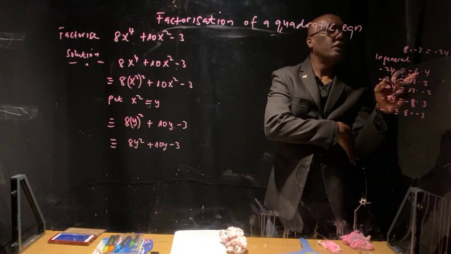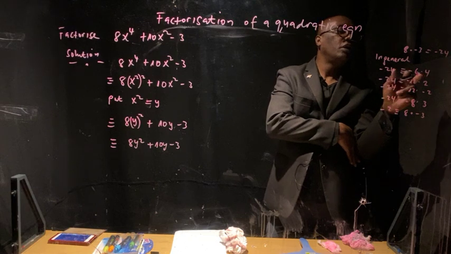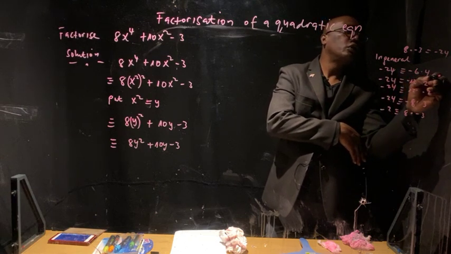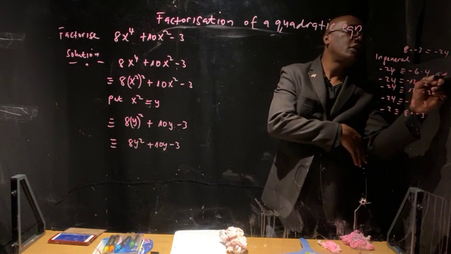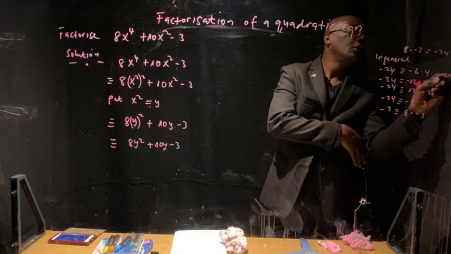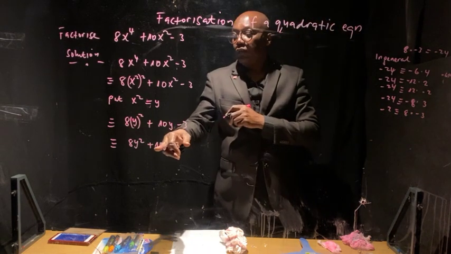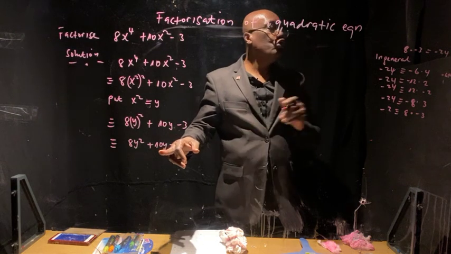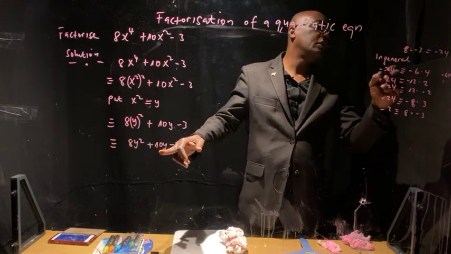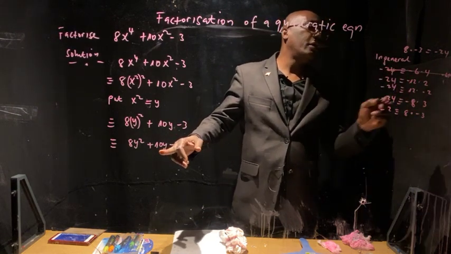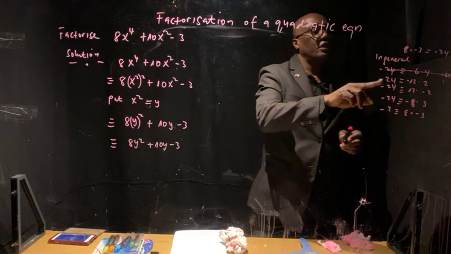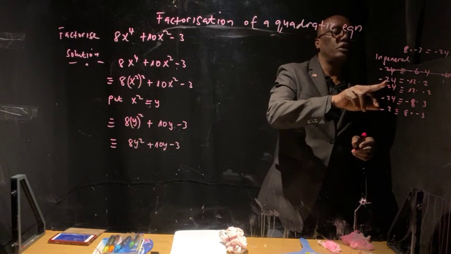If I add this one to this one, it will be minus 6 plus 4 is equals to minus 2. Is the coefficient of y minus 2? No. Therefore, this expression, I don't need it. Then let's come to this one.